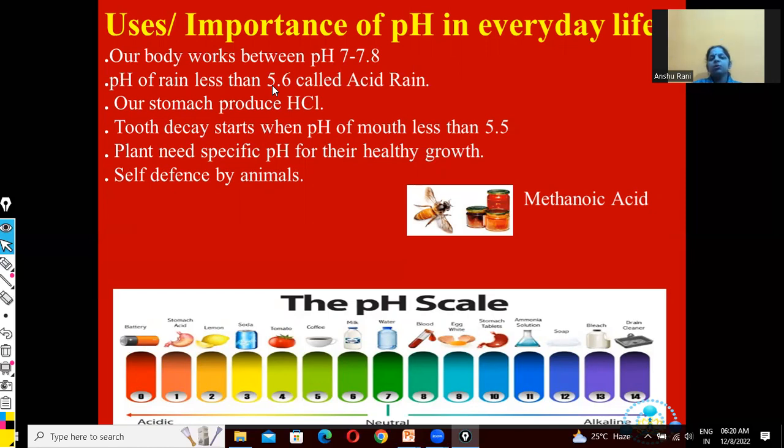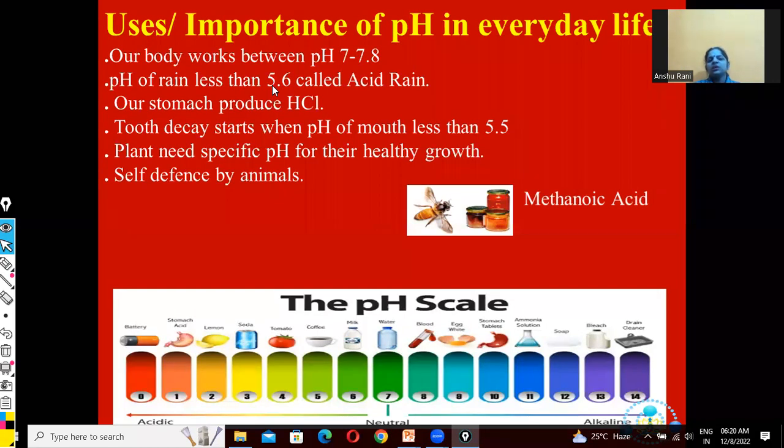If acid is produced by our stomach in much quantity, then you have to consume some antacids. Antacids can be like magnesium hydroxide, or Gelusil. These can be the things which you can consume as antacids. Even water added in milk can be taken to reduce the acidity.